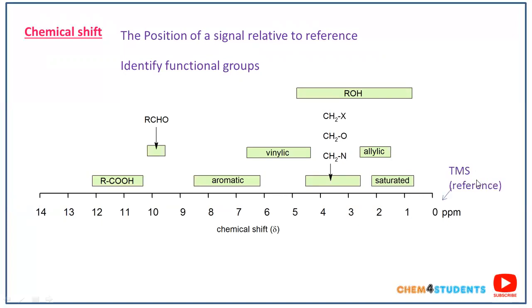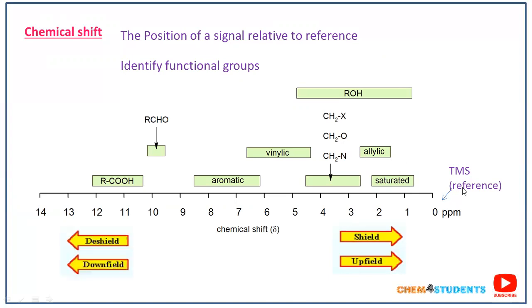And this is TMS, tetramethylsilane, which is a reference compound that gives 0 chemical shift value. The important thing is that we need to identify which is upfield and which is downfield. Here these functional groups produce peaks at the upfield region, and these functional groups produce peaks at the downfield region. We have already discussed this upfield and downfield region.